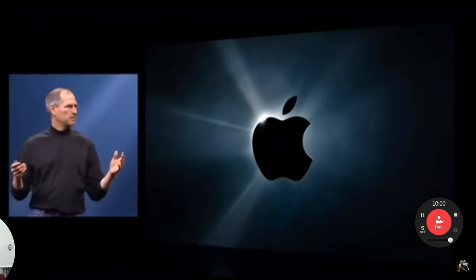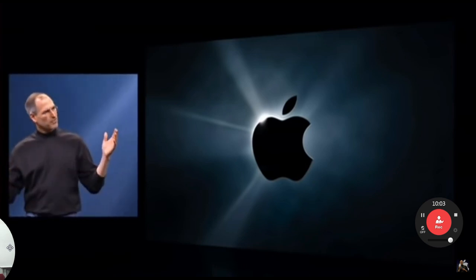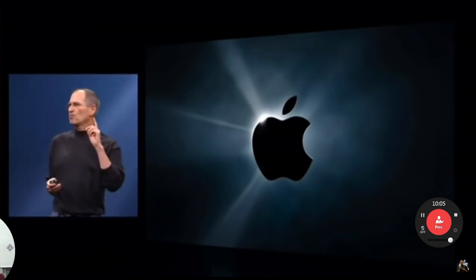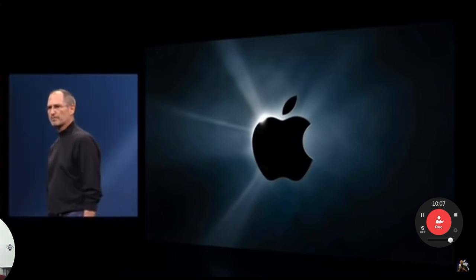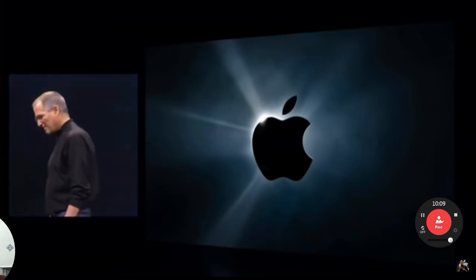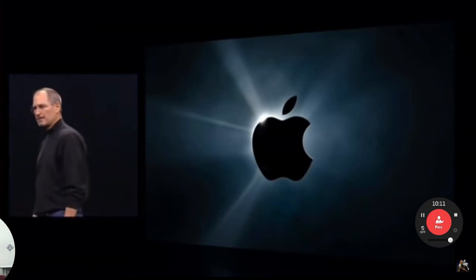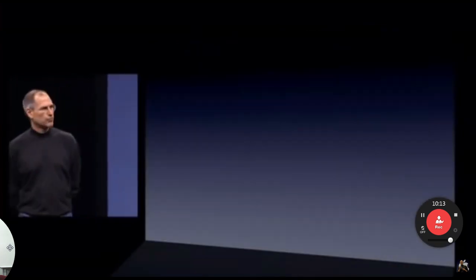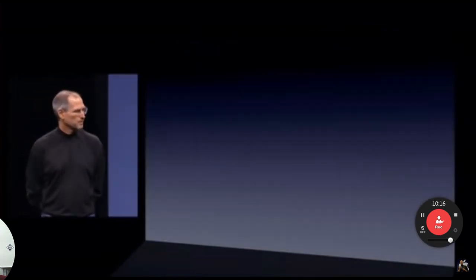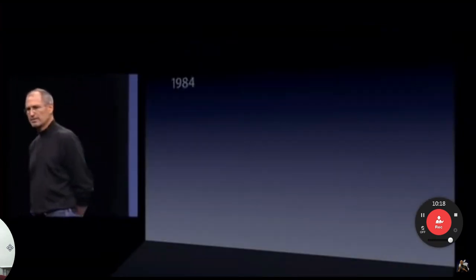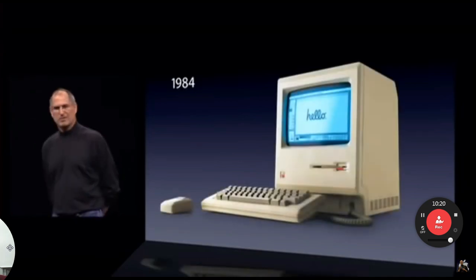Every once in a while, a revolutionary product comes along that changes everything. Apple has been very fortunate. One's very fortunate if you get to work on just one of these in your career. Apple's been able to introduce a few of these into the world. In 1984, we introduced the Macintosh.